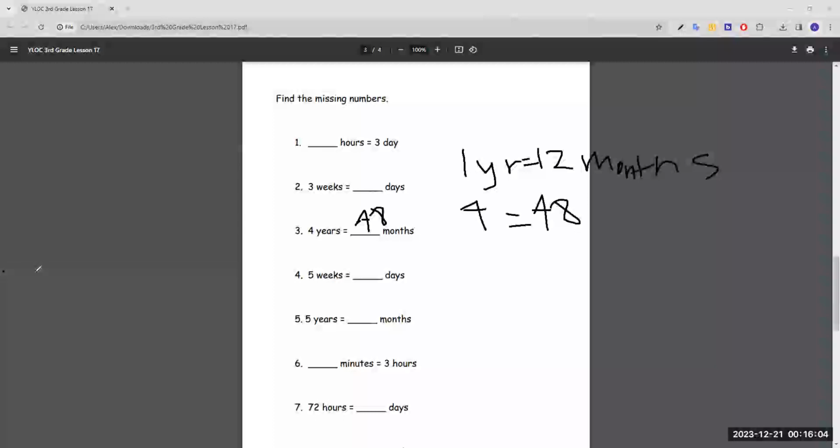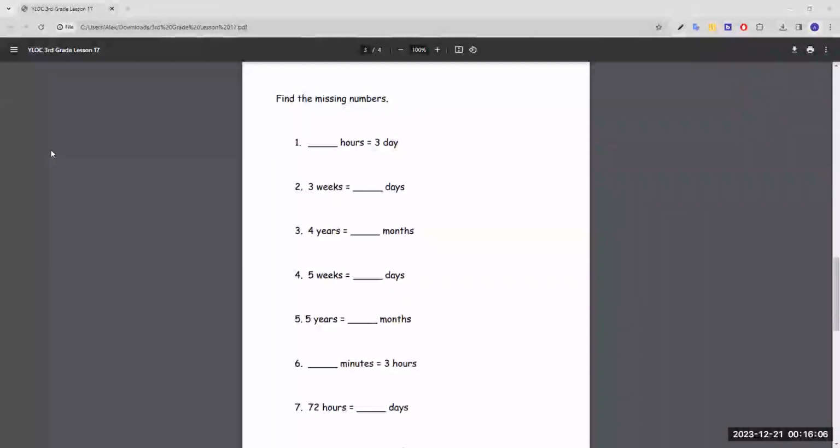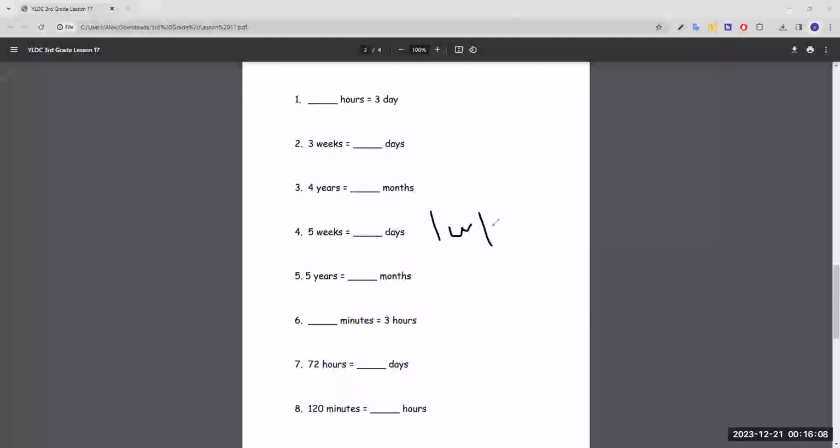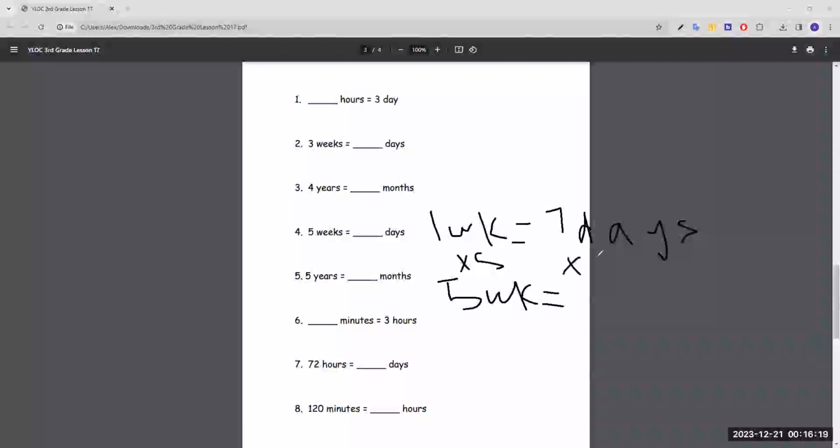Number 4, 5 weeks equals blank days. Again, 1 week is 7 days. And since we're looking for 5 weeks, we would just multiply 7 by 5, which is 35 days.